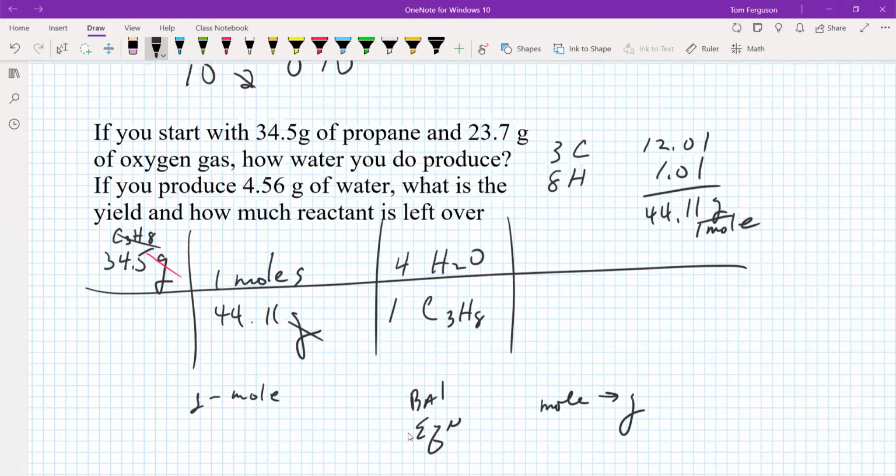Okay, and water is oxygen, 2 hydrogens, so that's 16.00 and 2 hydrogens is 2.02. That's 18.02 grams per mole.